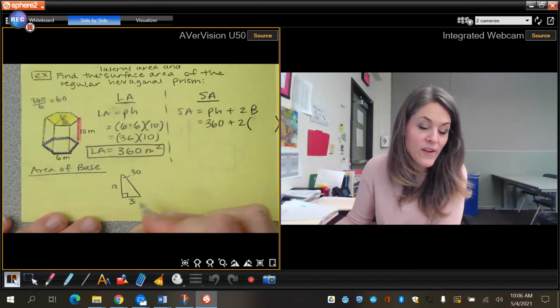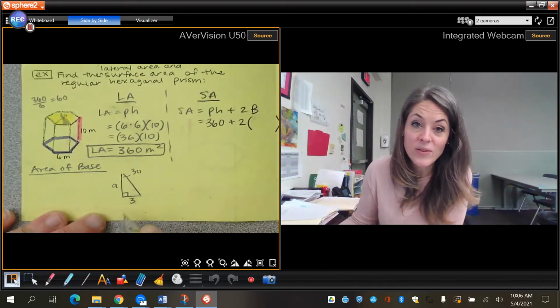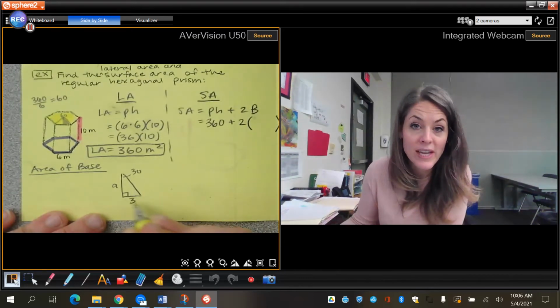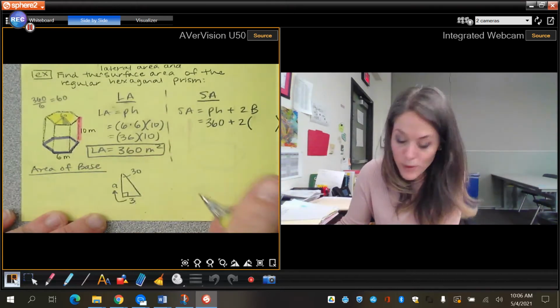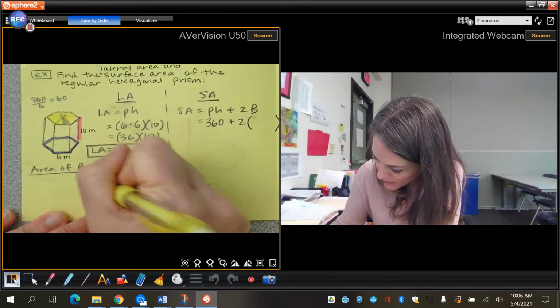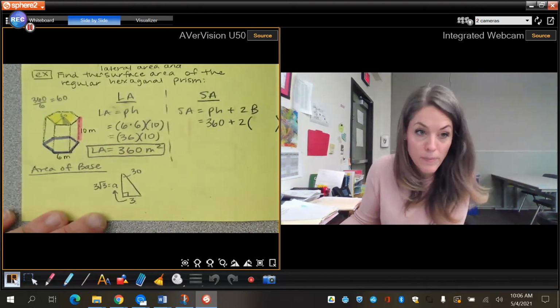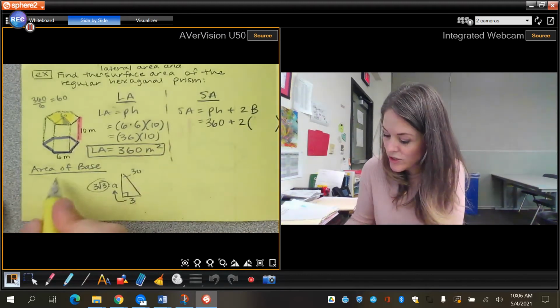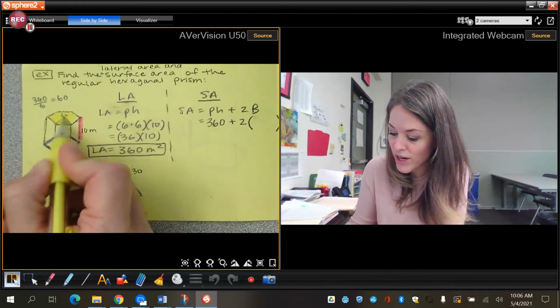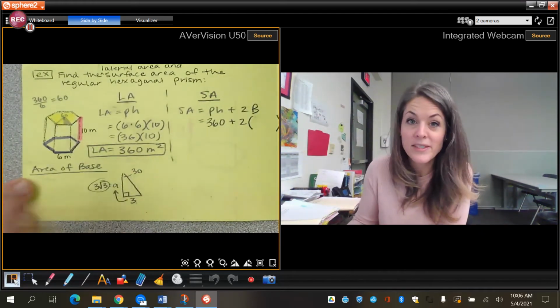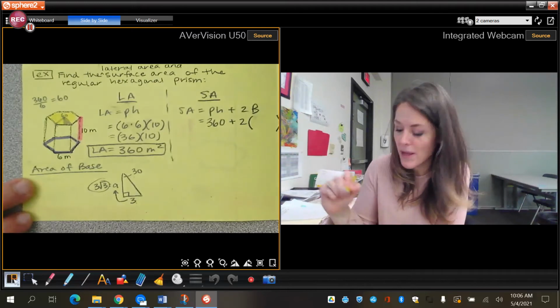Okay. So if I have a 30, 60, 90 right triangle here, and I know the small side is 3, then I know to get the apothem, I'd multiply by root 3, so 3 root 3 would be the apothem. Okay, so the area of the base, what I'm going to do is I'm going to find the area of this whole triangle right here. Okay, base times height divided by 2, then I'm going to multiply it by 6.